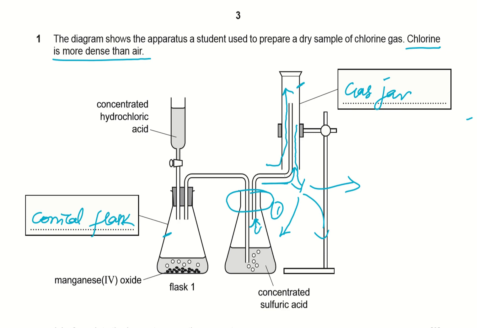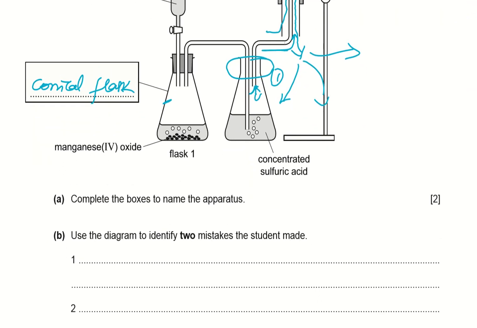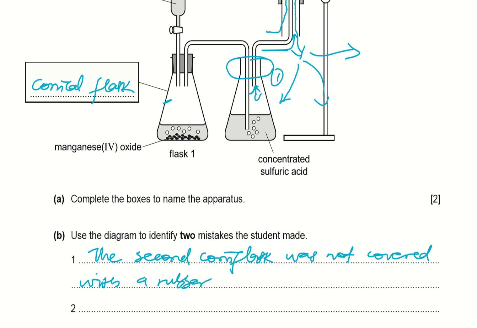Okay, so now in response to B, the first error we saw was that the second conical flask was not covered. The second conical flask was not covered with a rubber bung. The bung could also be called a cork.